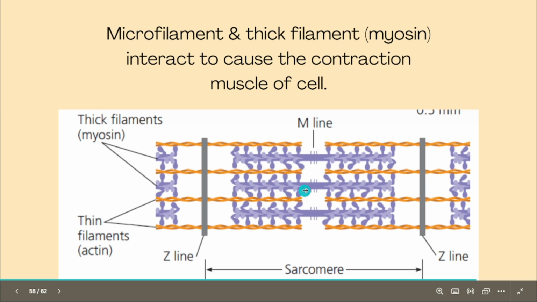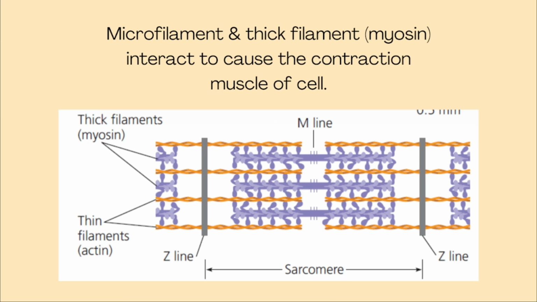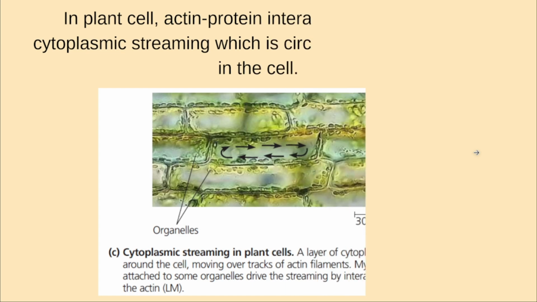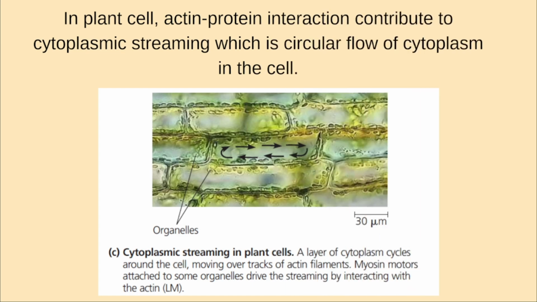So this one you will learn back in semester 2. I just show you only one of the functions. And this one is the cytoplasmic streaming in plant cell, where the actin protein interacts. I mentioned before, this one you also will learn in semester 2, so you don't need to know more detail now.